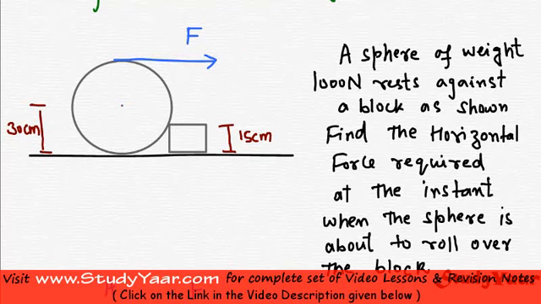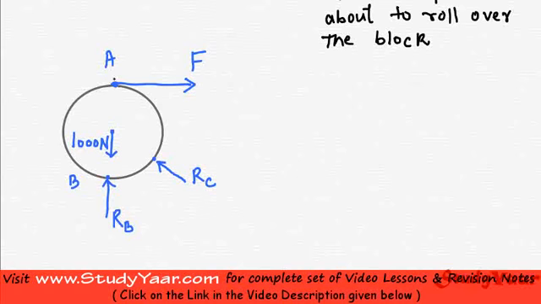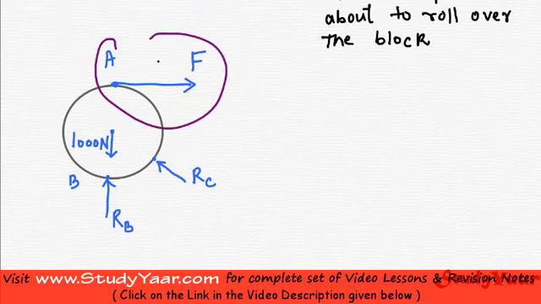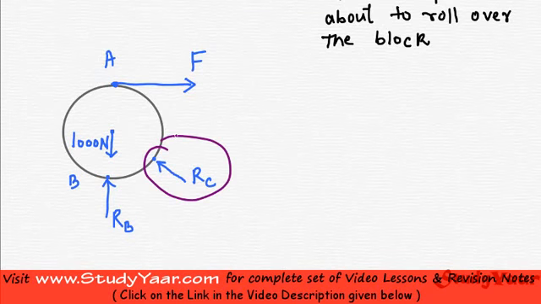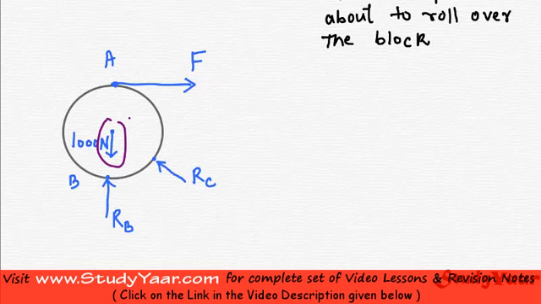So over here I have the FBD which looks like this: the force, the reaction of an unknown direction, the reaction due to the surface vertically upwards, and this weight vertically downwards. The direction is known, the direction is known, the direction is known. Over here the direction is not known.